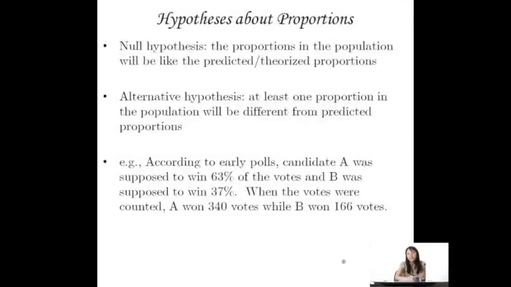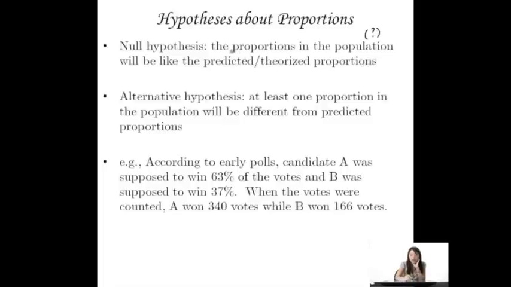All right. So we're changing our hypotheses a little bit. Now the null hypothesis is really about proportions. And here's what we're talking about. The null hypothesis is now this. Will the real population that we don't know, question mark, population, right? We don't know it. Will this population be like the predicted or theorized proportions, right?